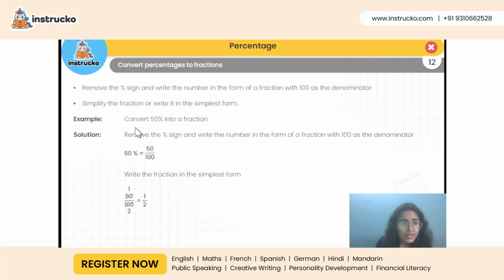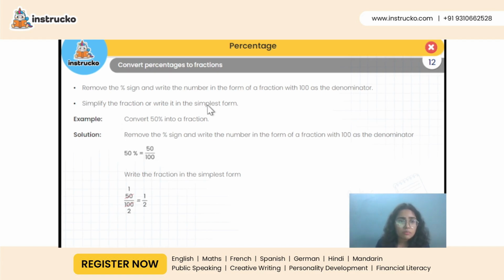The question was convert 50% into a fraction. So the first step we did was remove the percent sign. We removed this sign and wrote the number in the form of a fraction with 100 as the denominator. So 50% basically equates to 50 divided by 100. Essentially, these two make the same thing.